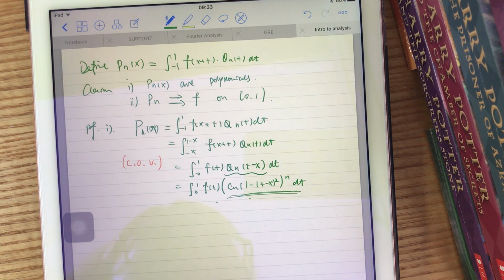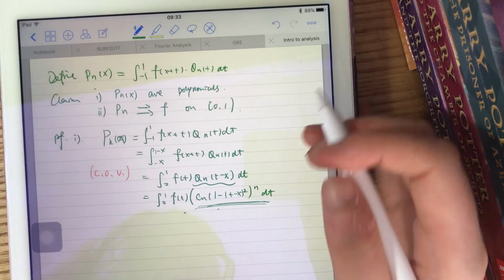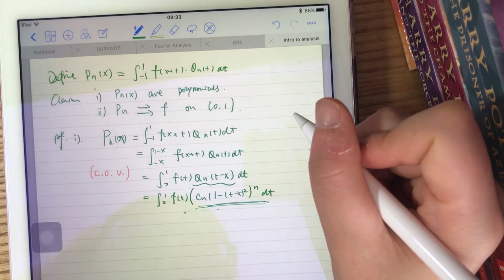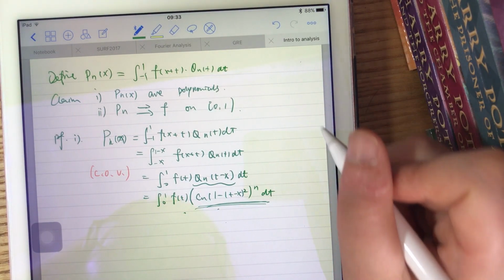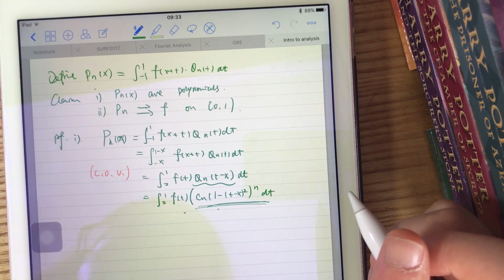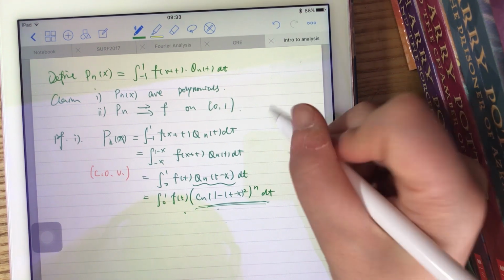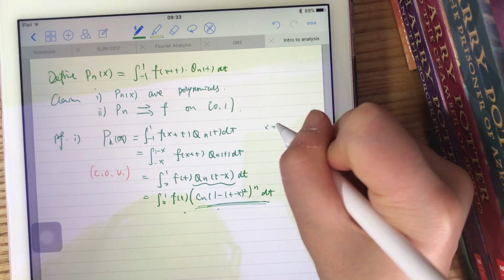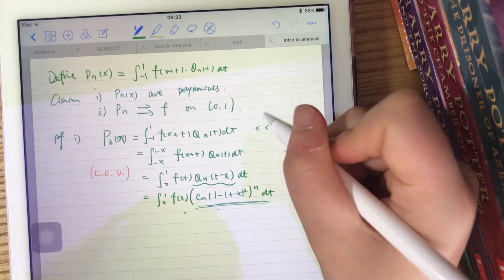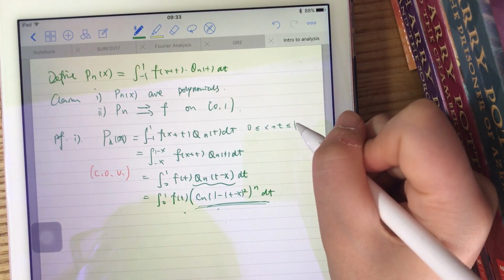I'm sorry, I didn't mention here that we are taking the integral on minus 1 to 1, right? So we got x plus t larger than 0 and less than 1.